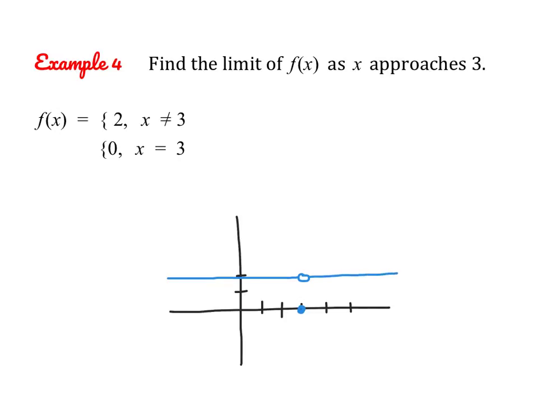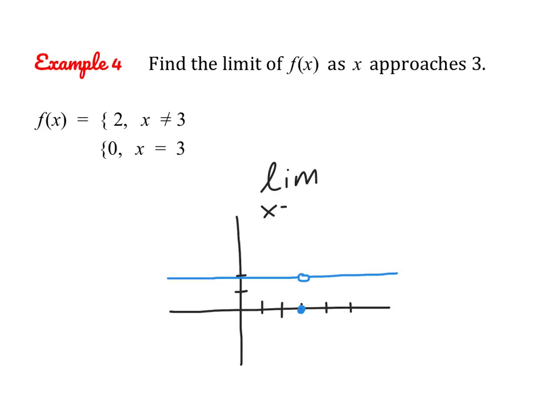So the limit, as you can see, what's happening on the left? Oh, well, it's at 2. What's happening on the right? It's at 2. So even though at this point your y value is 0, as we're approaching x equals 3, f of x is 2. So that is going to be our limit.